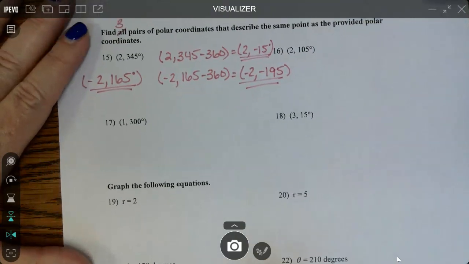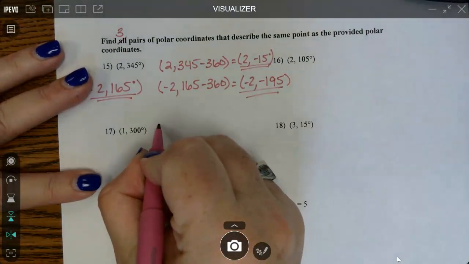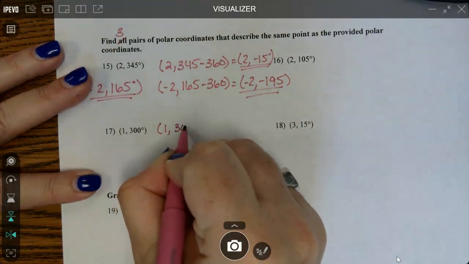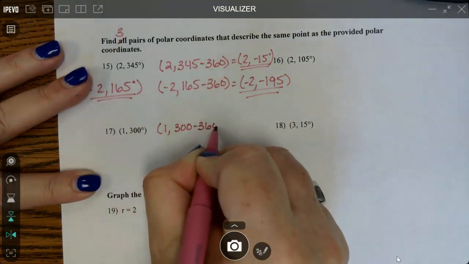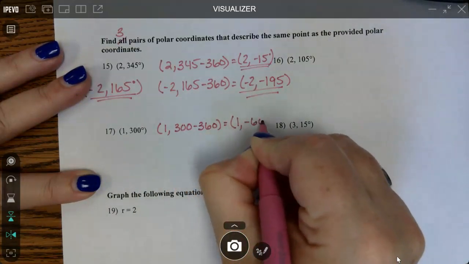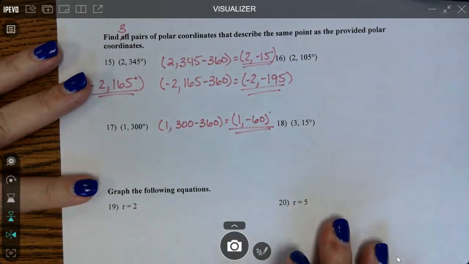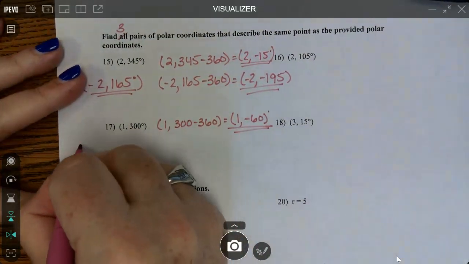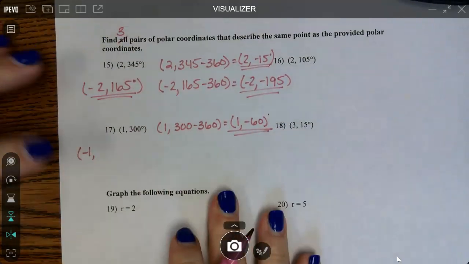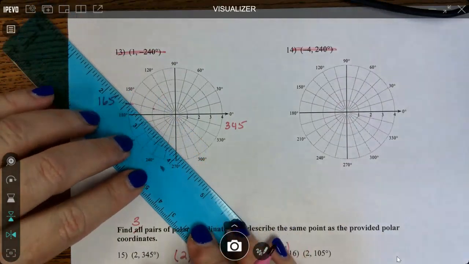Let's go down here to 300. So again, start off. We're going to subtract 360. And this is going to give me 1 and negative 60. One answer. Now I need to know what's backwards of 300. So let me come back down here. 300 is right here.